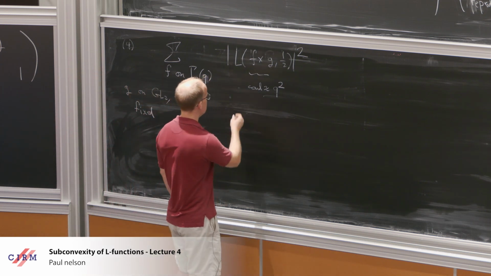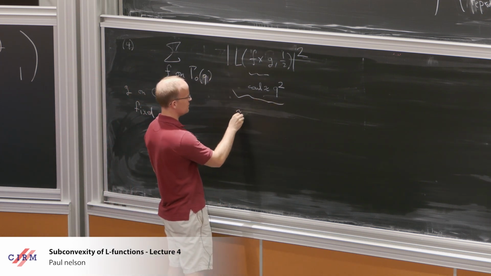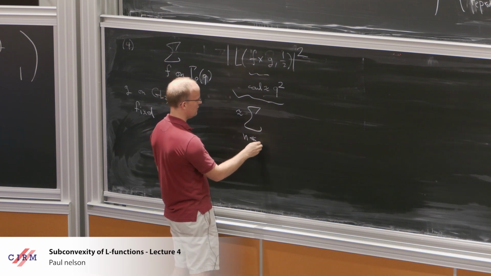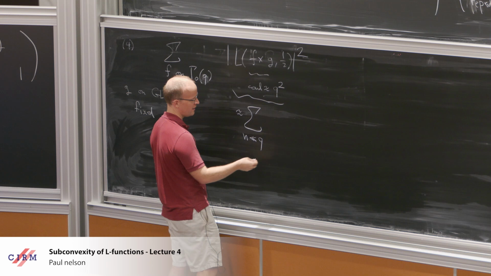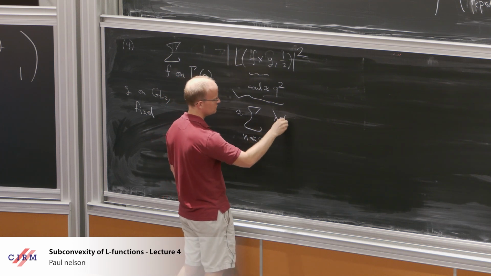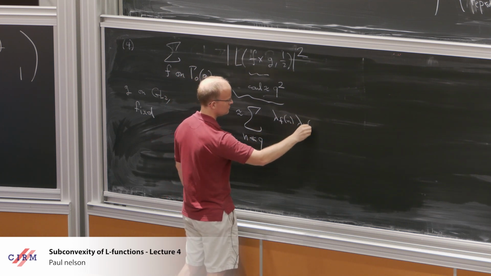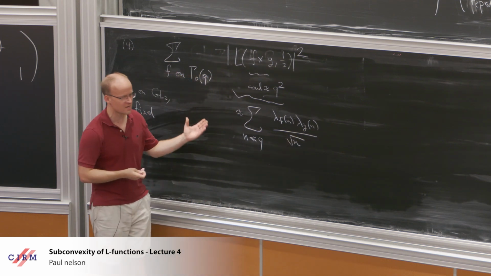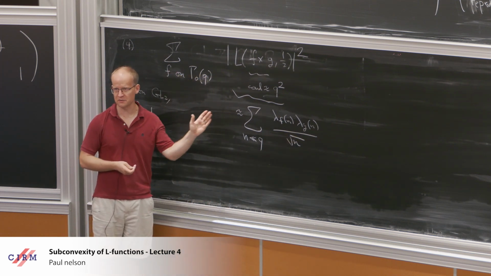So the approximate functional equation will give a formula for this that looks something like a sum over n, at most roughly the square root of that. If you've seen the formulas for Rankin-Selberg convolutions, you know that they're not exactly of this shape.